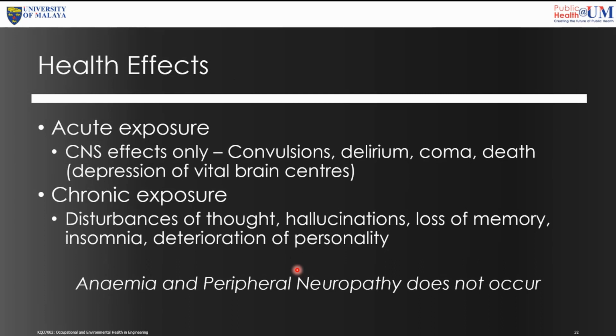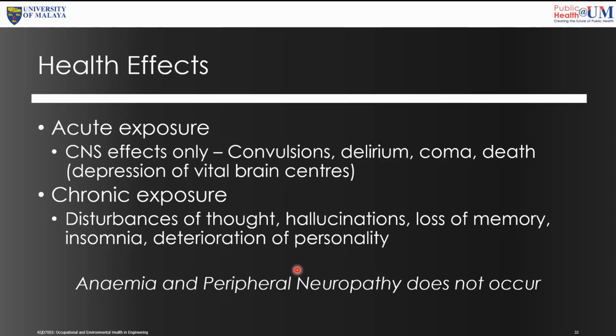Right, so health effects. Acute exposure: central nervous system effects only, convulsion, delirium, coma, death, depression of vital brain centers. Chronic exposure: disturbance of thoughts, hallucination, loss of memory, insomnia, deterioration of personality.